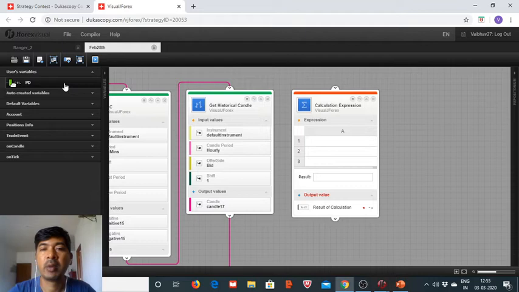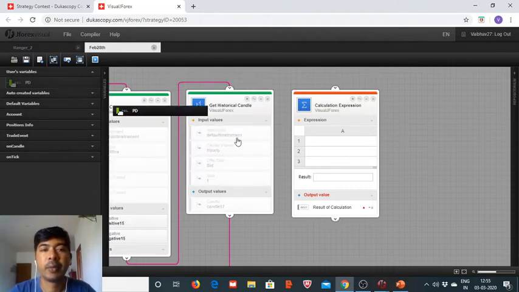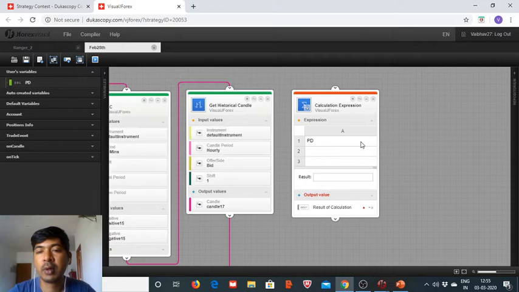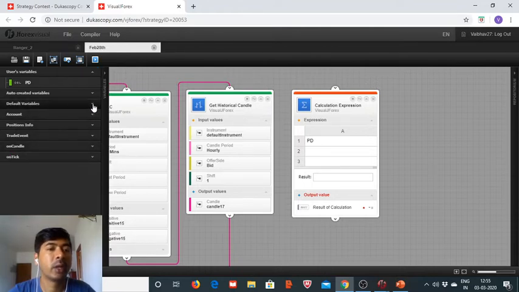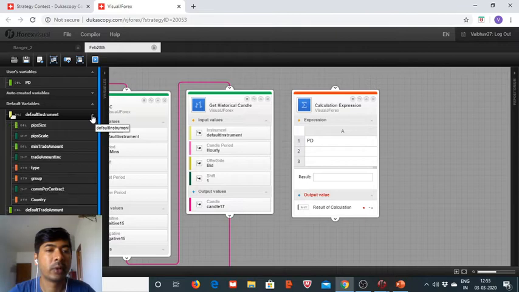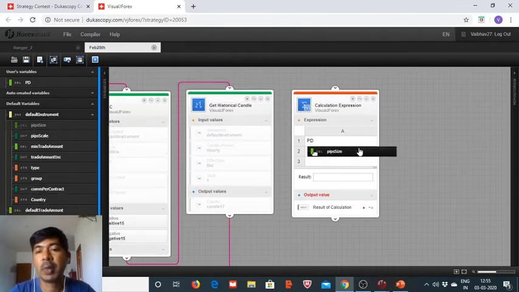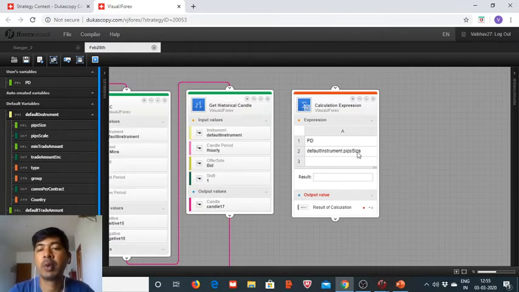This is the first variable we have created, and we will bring it here, and then we do on candle. I think we can use default variable. Let's see, the default instrument, and we multiply the PD by the default instrument pip size, so the result will become 10 pips.